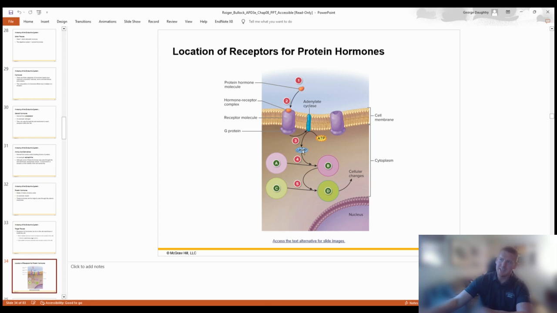And that cAMP pathway is responsible for too many intracellular things to count, usually heavily involved in protein synthesis. If it's activating a protein synthesis pathway, that means it's responsible for transcription and translation of RNA.